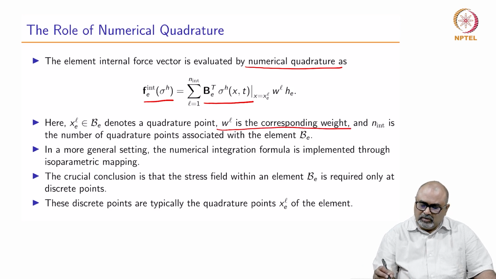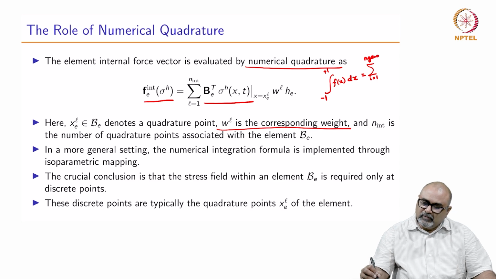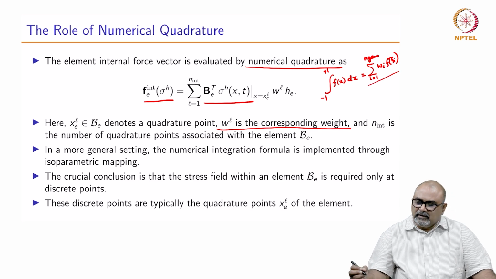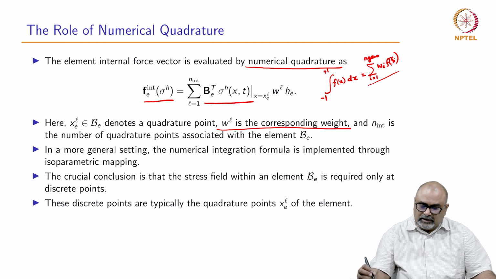So, an integral of the form f of x dx, evaluated from minus 1 to plus 1, is denoted as summation i over the number of Gauss points of the weight at that Gauss point times the value of the function at that particular Gauss point. So, in numerical integration, we evaluate an integral of this form as an algebraic sum, a linear combination of the weight at a specific location of the Gauss point times the value of the function evaluated at that Gauss point.